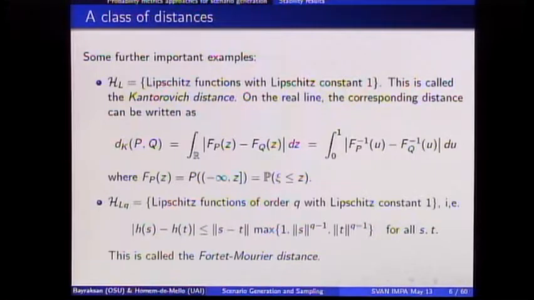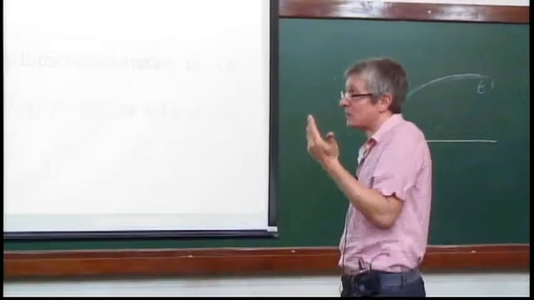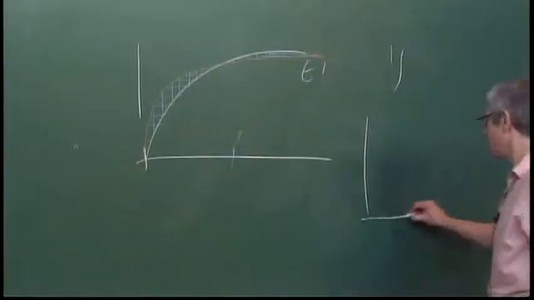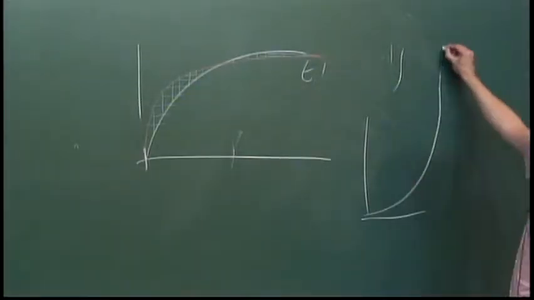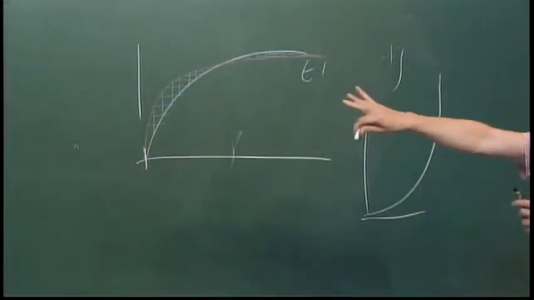So what do we gain by allowing the norm to be multiplied by the norm of s and the norm of t? Right, this allows more functions. For example, it could be a function that increases like this, going more and more, because remember, we are talking about unbounded functions here.